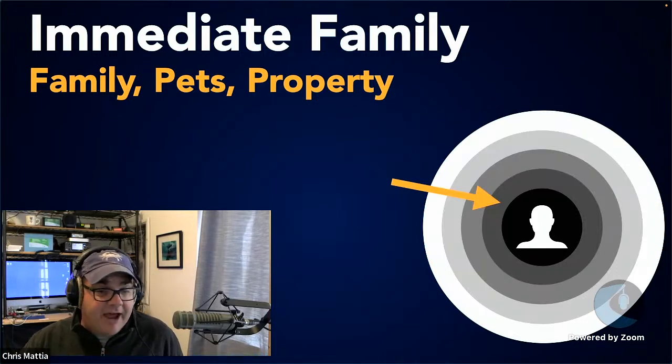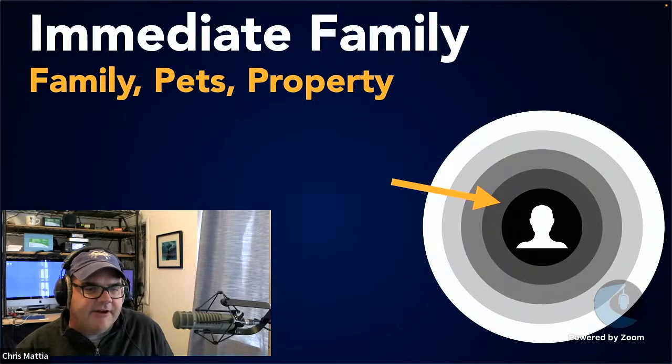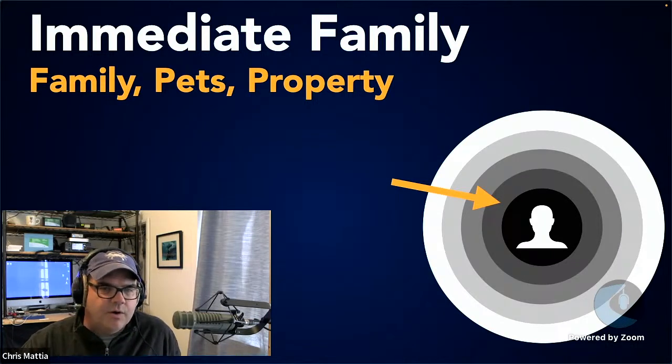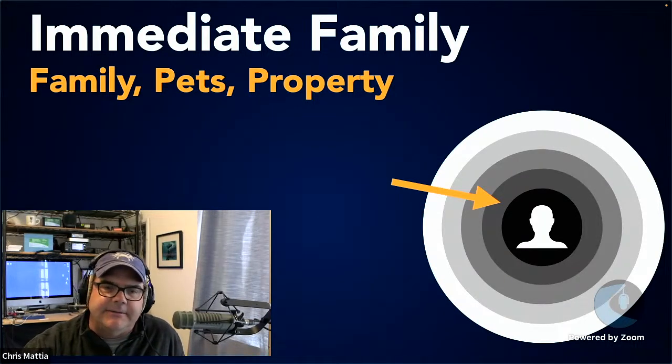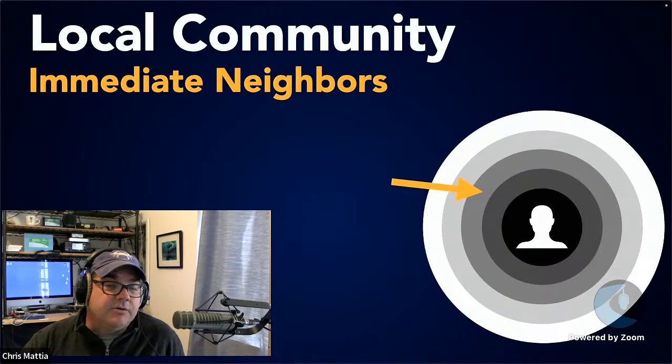Do you need to evacuate your family? Making sure that you've got everybody and are able to get out of the house, get out to a safe area, move to a shelter, whatever it happens to be. The next level out from that would then be your local community, your immediate neighbors. That might be the person who lives next door.